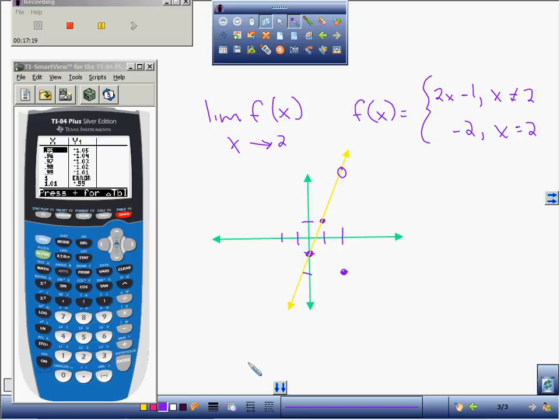Okay, and you say, where would I ever see a function like that? I don't know. In a math book. Okay, but there are some real life applications of it. Okay, so they want the limit of f of x as x goes to 2. So what value am I approaching as I approach 2 over here?